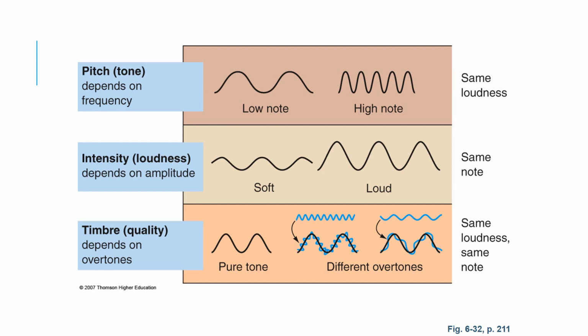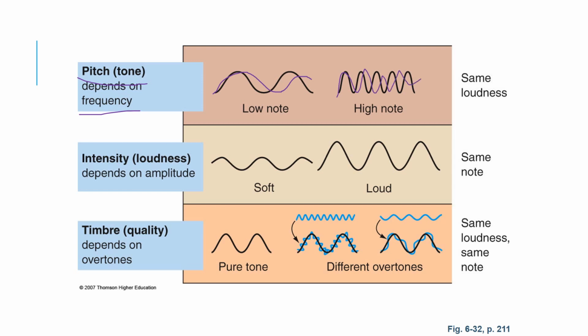Here, let's look at properties of sound waves. First, let's begin with the pitch, which depends on the frequency. If we have the same loudness but a slower frequency, that's detected as a low note, whereas a higher frequency is perceived as a high note.